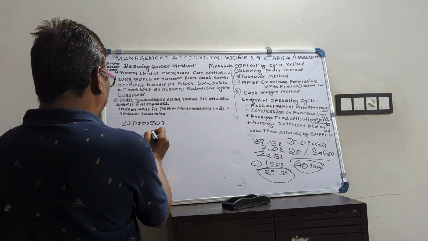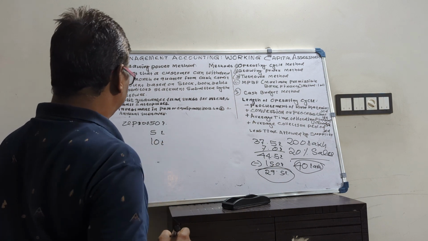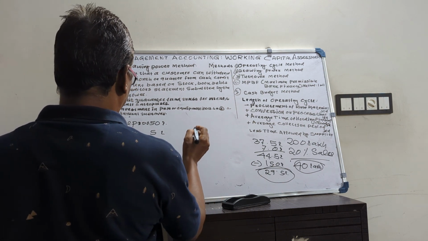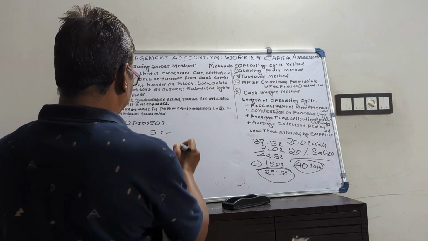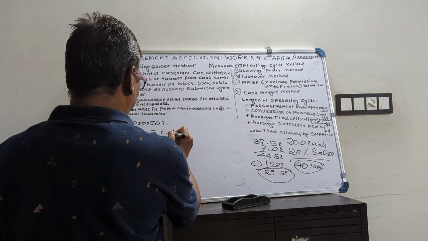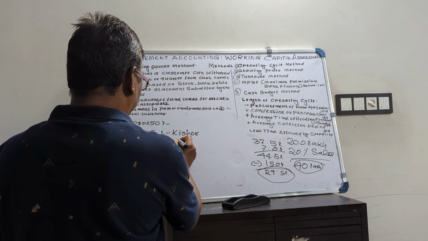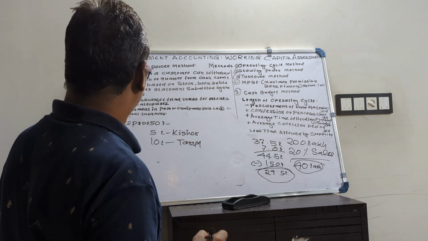Then up to 5 lakhs. Then up to 10 lakh. These are Shishu, Kishor and Tarun.